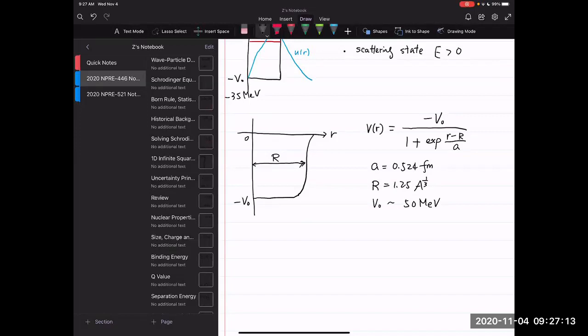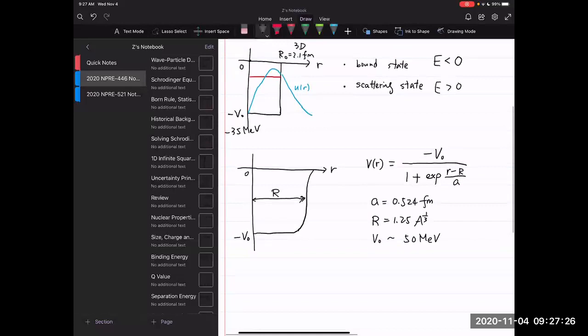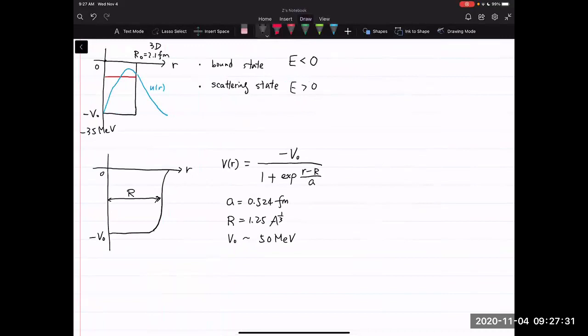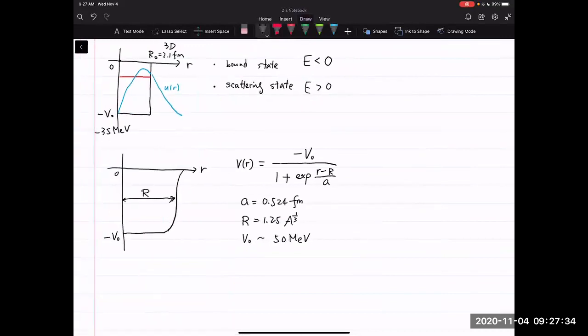Okay, so in addition to this, there are a few other effects we need to consider. One is the spin. In the figure I drew above, here is the neutron-proton interaction. We used this 35 MeV potential to solve the scattering problem, and then realized that the total cross-section is not the same as the experimentally measured value.